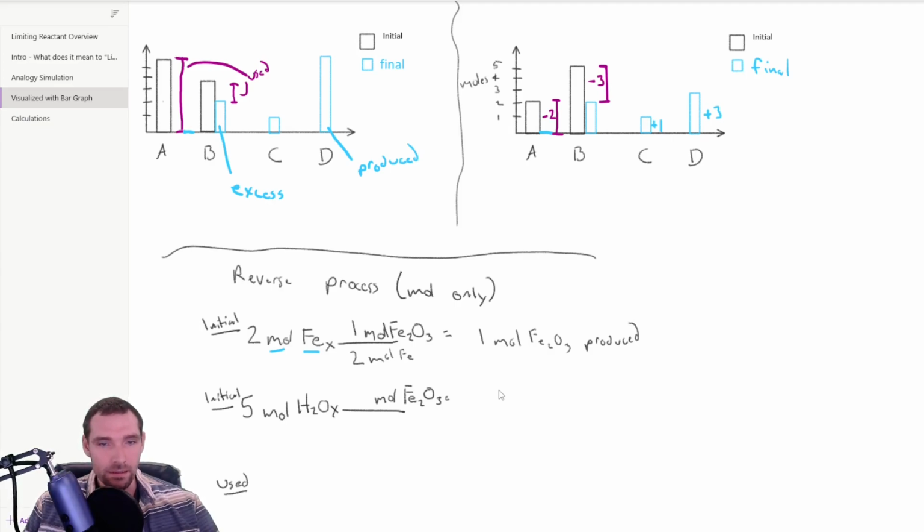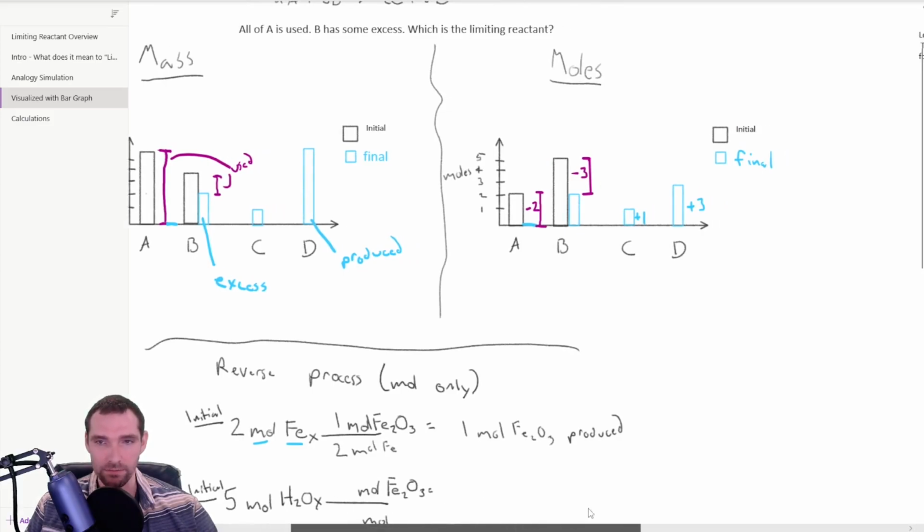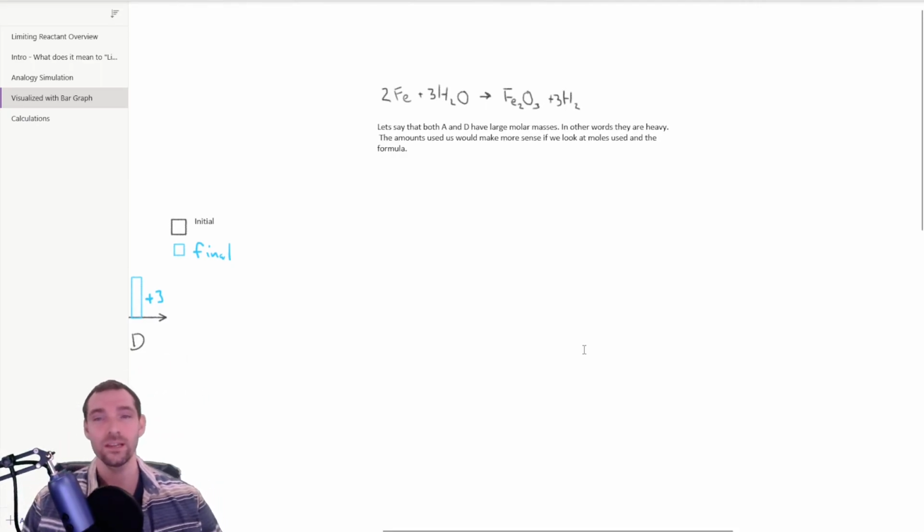And then if we had 5 moles of water, you can say that the water has a ratio with the iron oxide. You can get that from the reaction. This is like the recipe for making the sandwich. You can think of these as sandwiches and these as ingredients for making that sandwich.